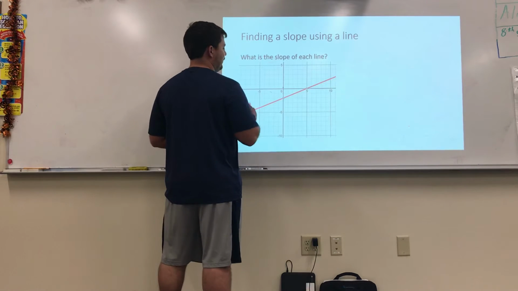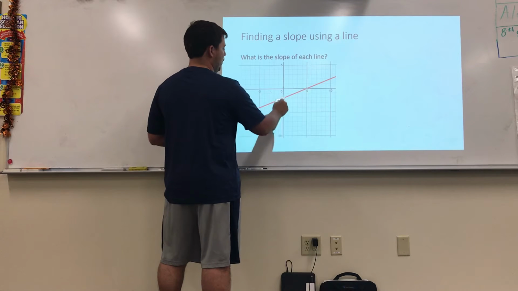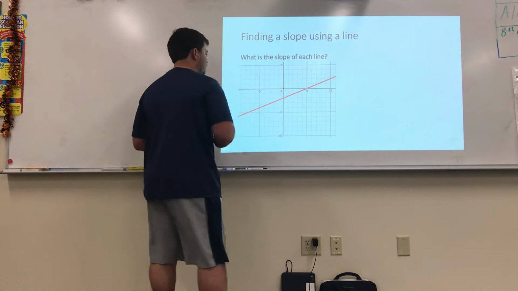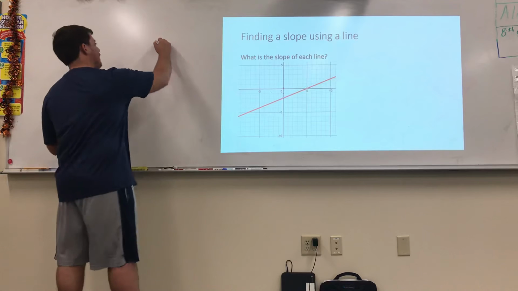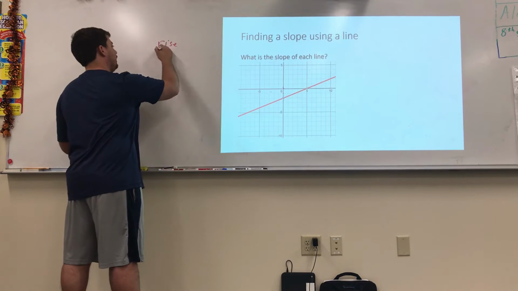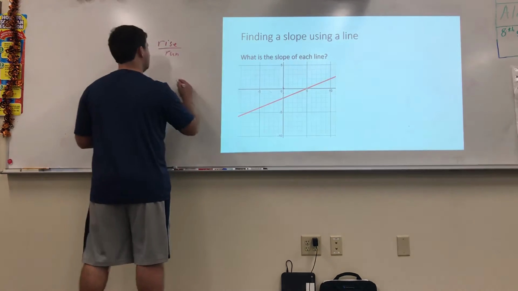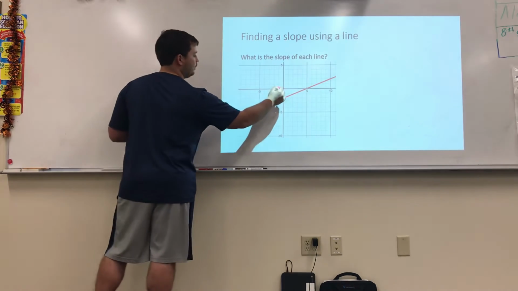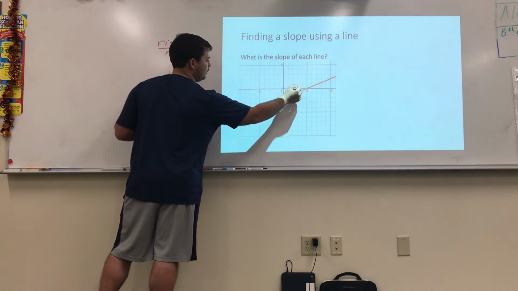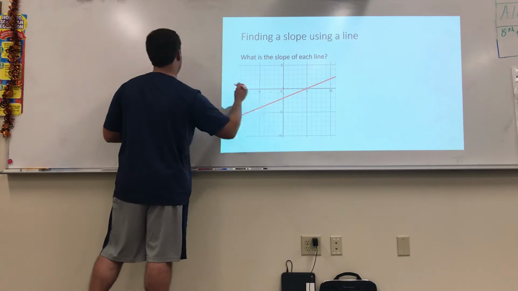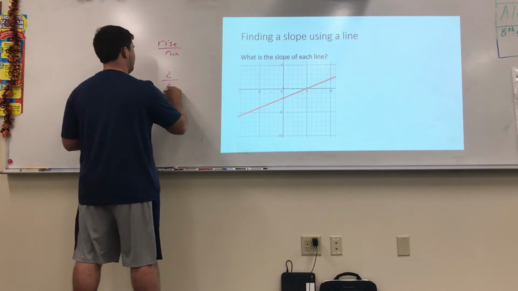So that's going to be a horizontal change. We went up 1, 2, so that is 2. And if you remember, it's rise over run. So I rose 1, 2, and I'm going to run 1, 2, 3, 4, 5. So it'd be 2 over 5.